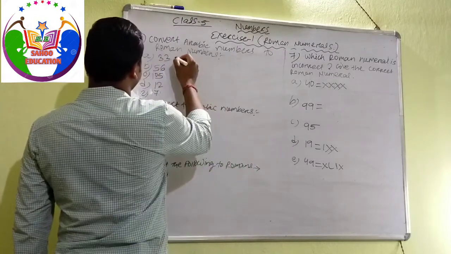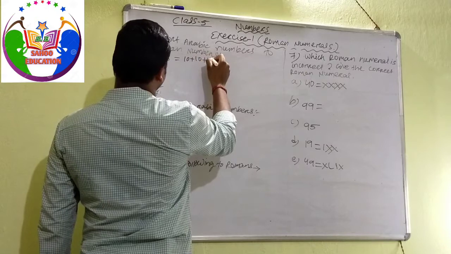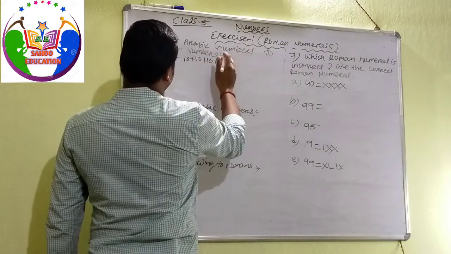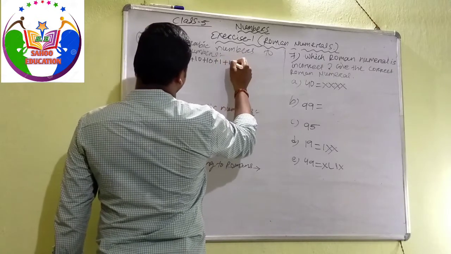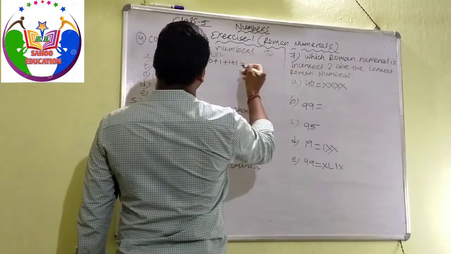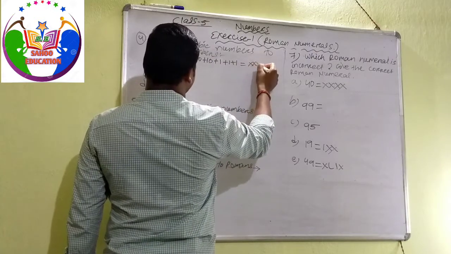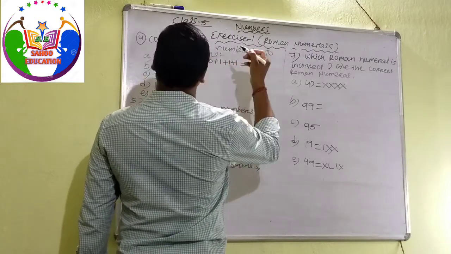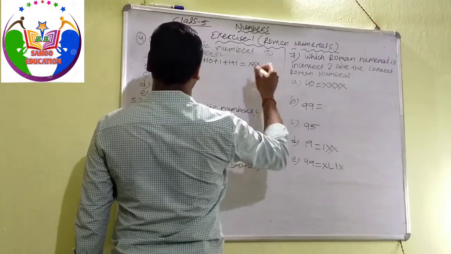Means 3 times 10, 10 plus 10 plus 10, and 3 times 1. So I'll say 3 times 10, that means XXX, and 3 times 1, that is III.